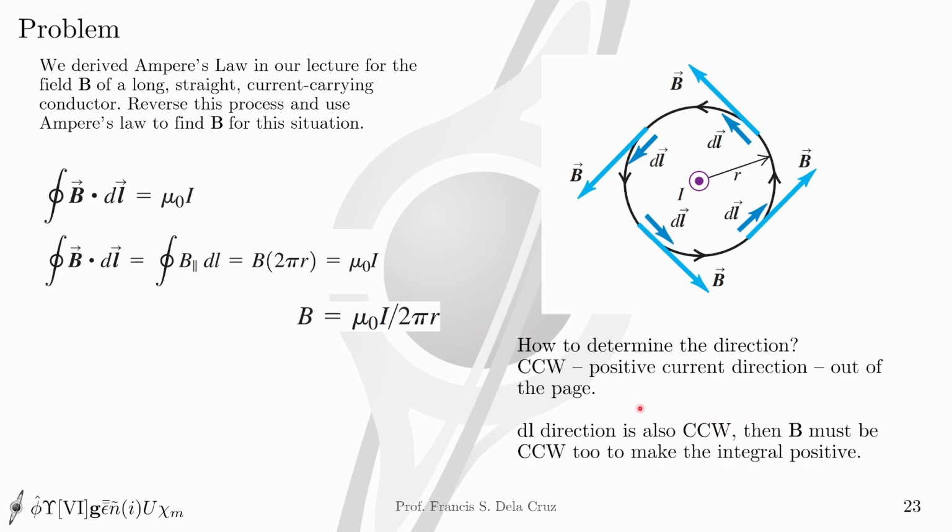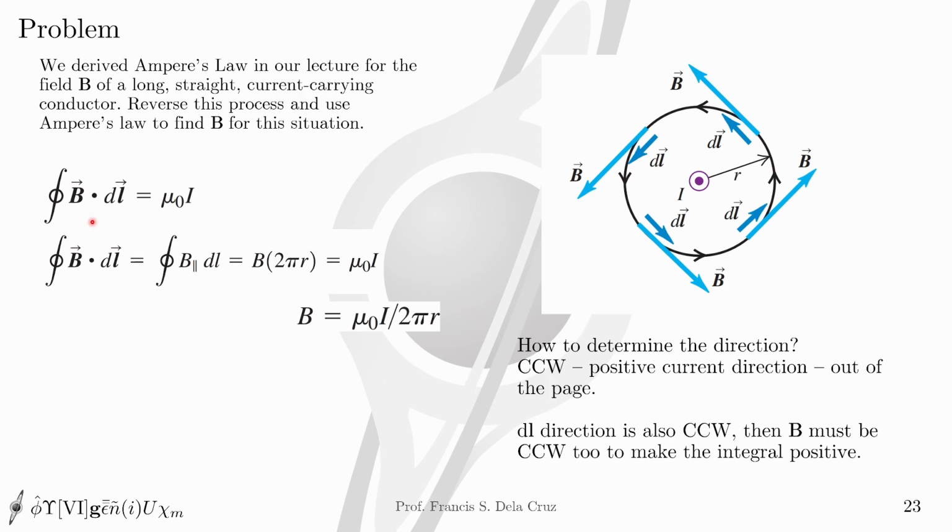Take note, class, that for us to determine the direction, we know that the current is going out of the page. It is positive. Following the right-hand rule, the B appears to be counterclockwise. dl should also be in the direction similar to B, because it would make the entire integral, the closed loop line integral of B dot dl, positive.